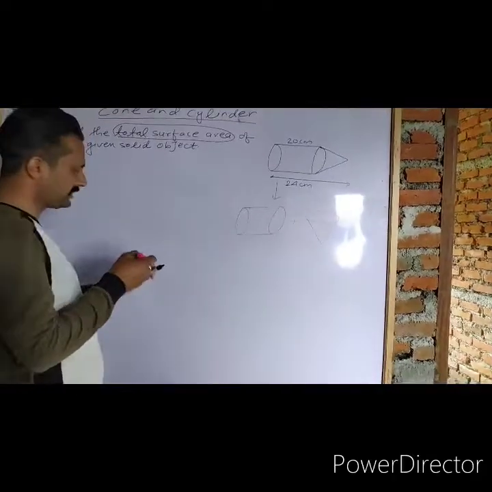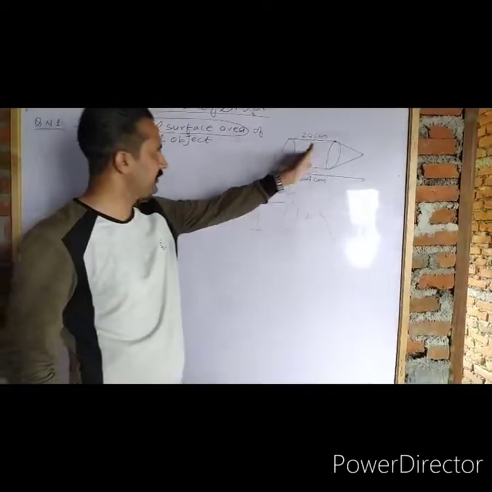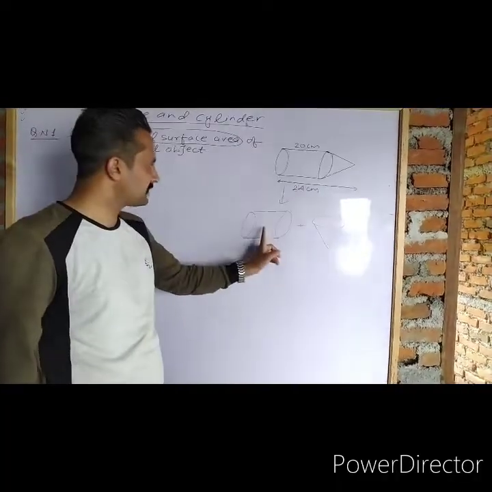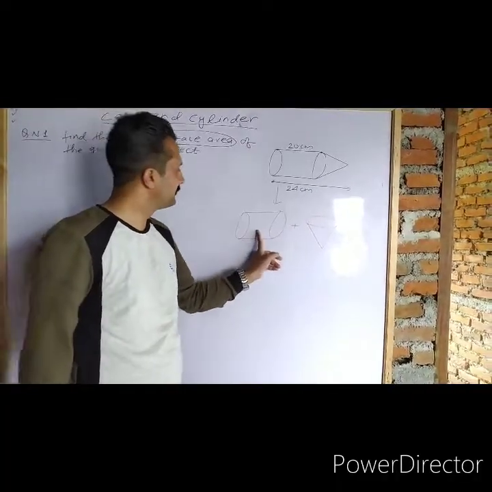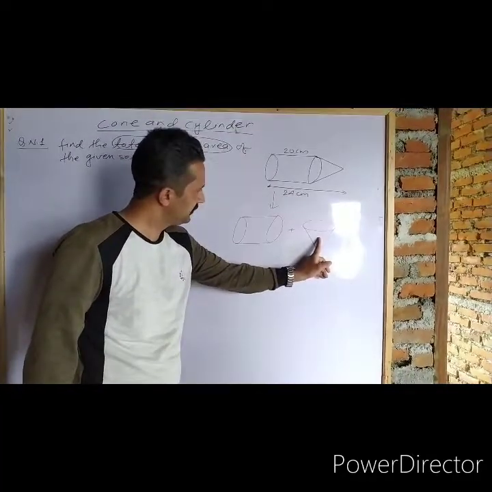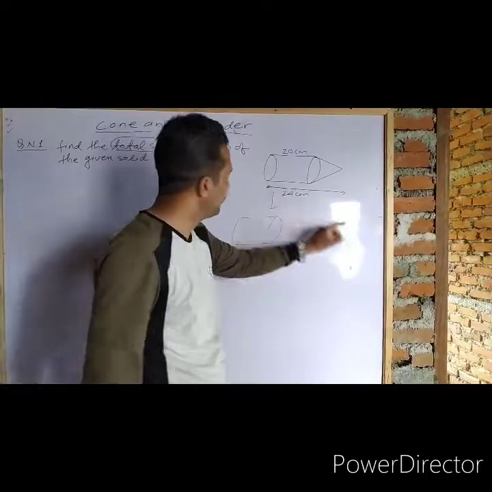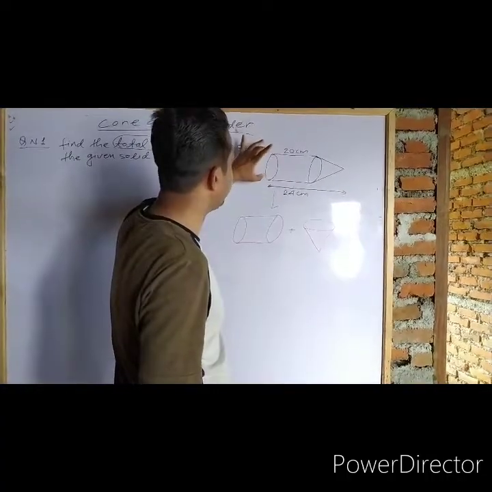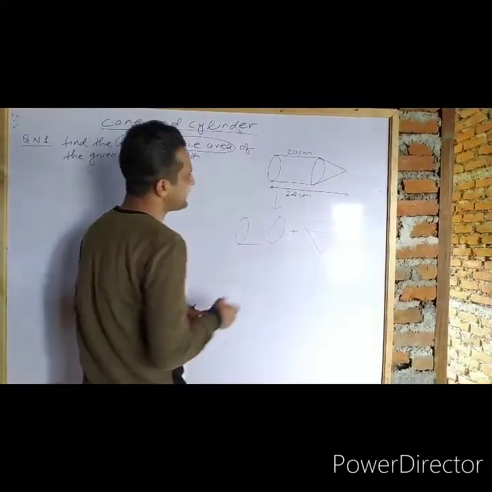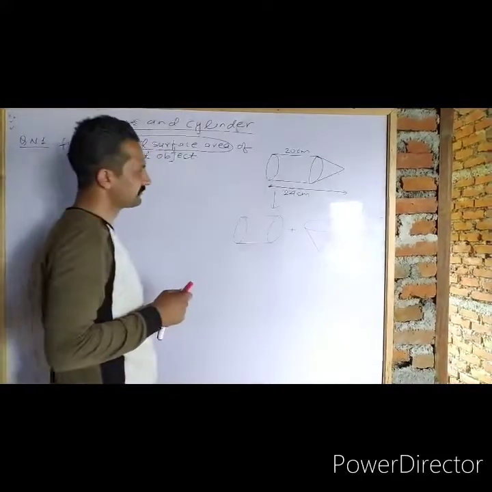To get the total surface area of the given solid, we have to find the curved surface area of cylinder and curved surface area of the cone and plane surface area of base, or base area. In this figure, base area is circle.